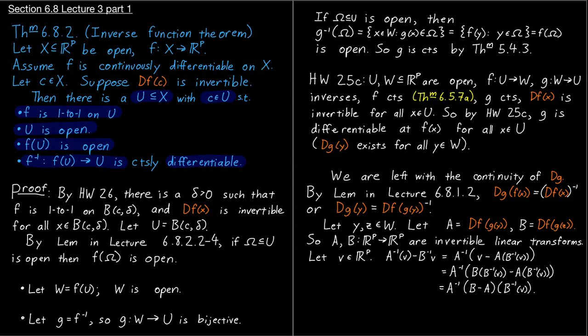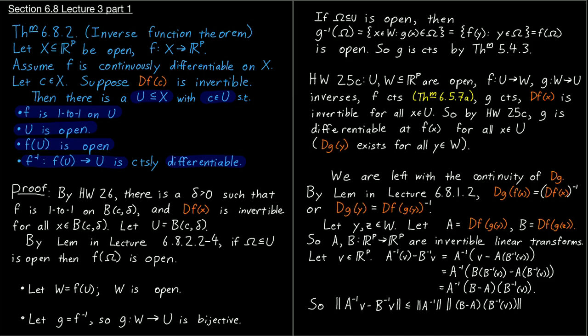And now let's write some estimates on this thing. So the norm of A inverse V minus B inverse V, that's less than or equal to the norm of A inverse times the norm of whatever it is we feed into A inverse, which is just B minus A of B inverse of V. Remember, this is the operator norm of A inverse.